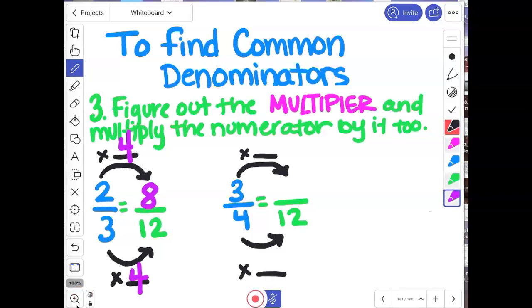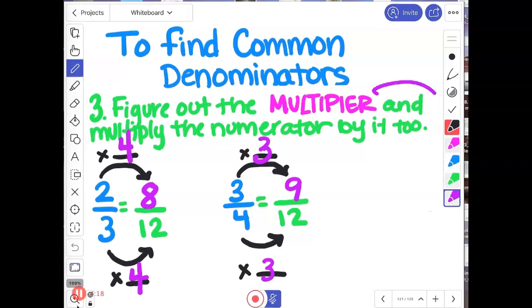I have to find the multiplier. In this case, it's not 4. 4 times 4 is not 12. 4 times 3 is 12. So now I have to have the same number up here on the top. 3 times 3 is 9. So now I have my two new fractions, 8/12 and 9/12.